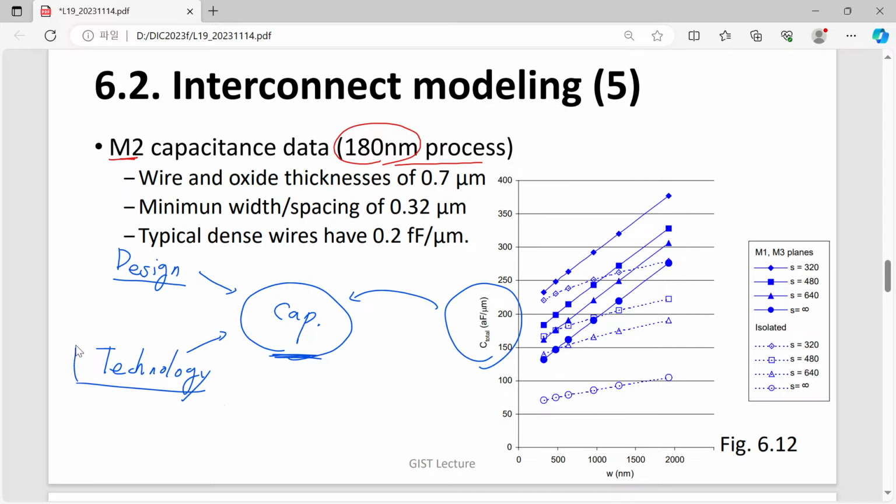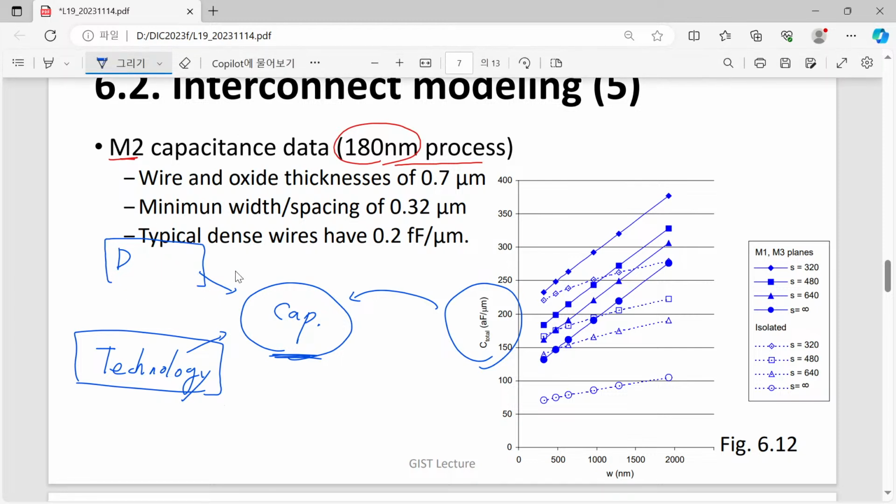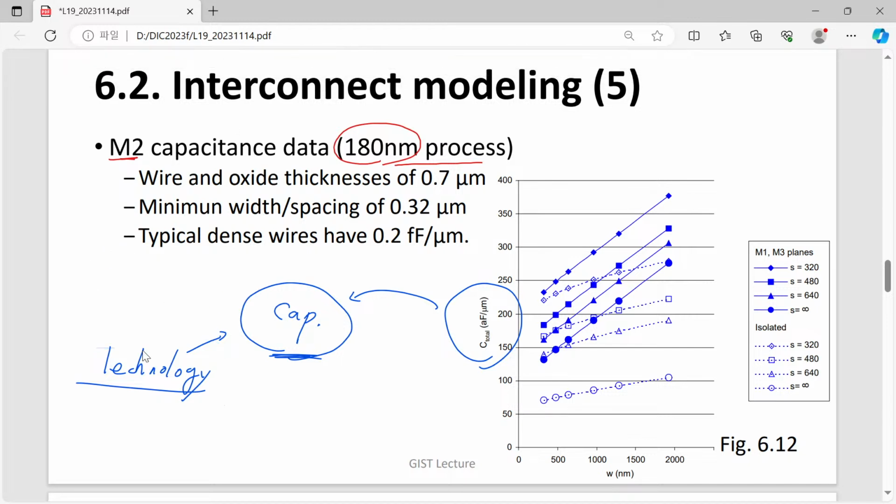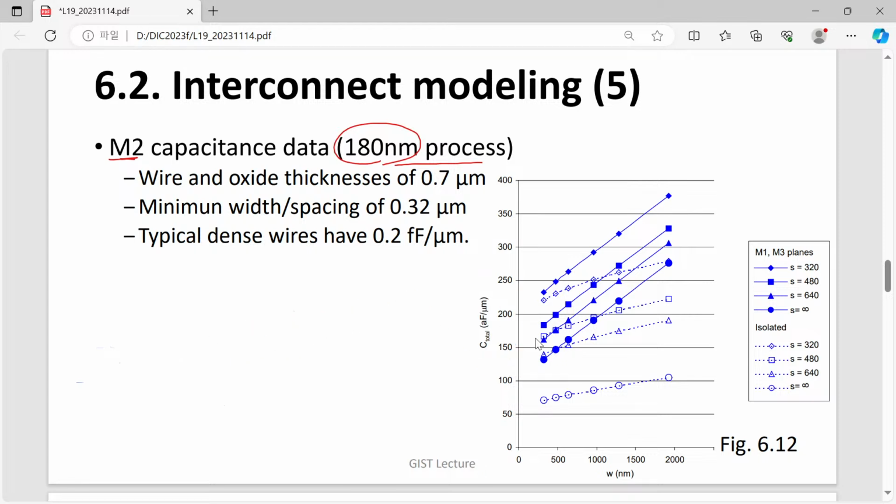Usually this technology information is given by your fab. So as a designer, what you can do is just draw and see the result, and if that is too high for your performance or your purpose, then you can rework, redesign your long metal wires.